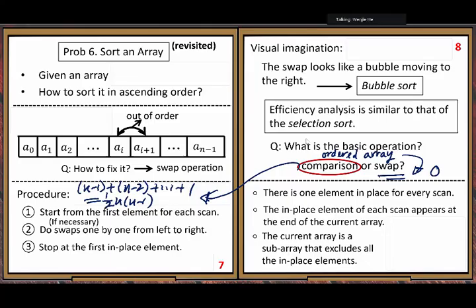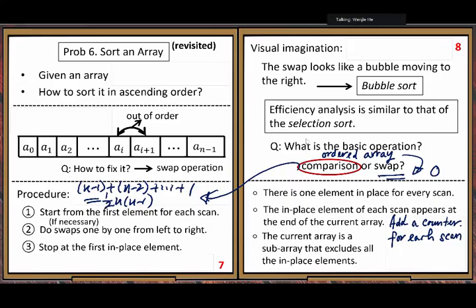But in our textbook, there is an improved version of this bubble sort. At the end of each scan, you need to count the number of swaps. You need to add a new counter variable, let me use CNT.